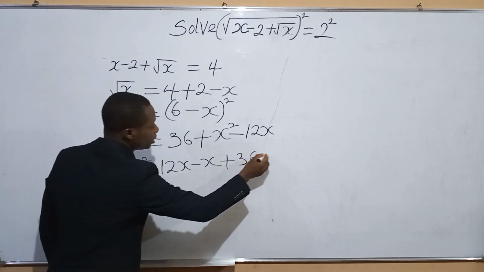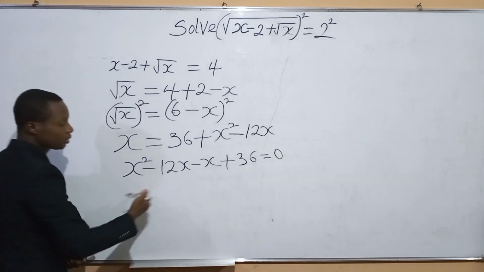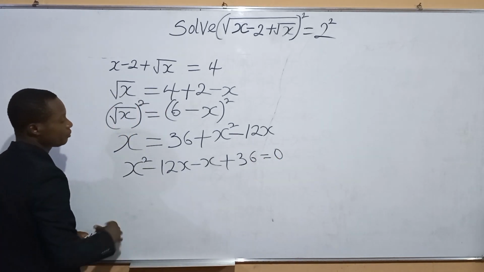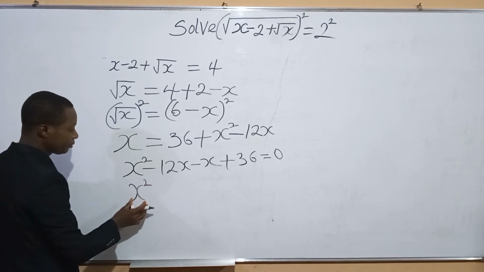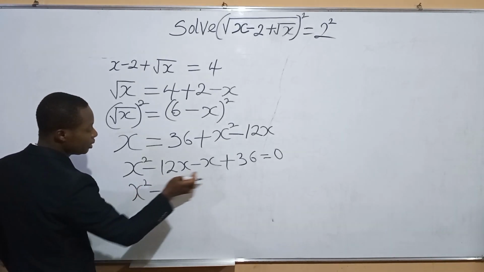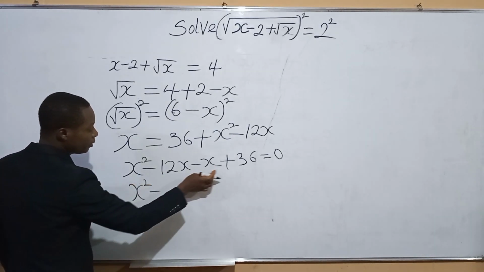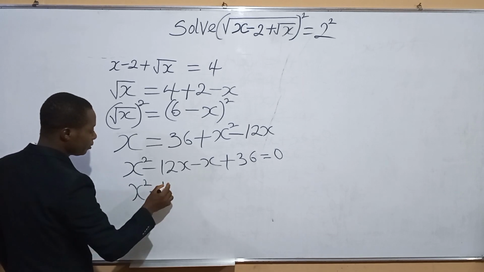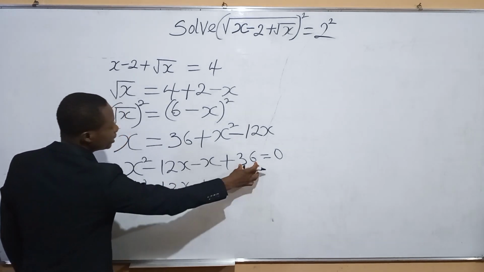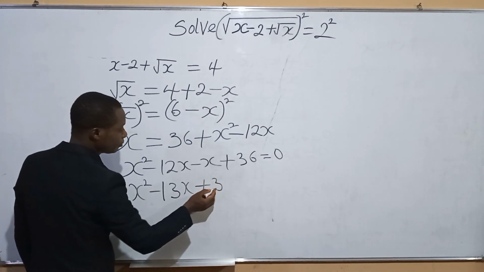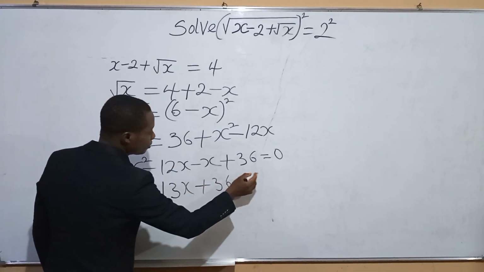We are now going to equate it to 0 because it is a quadratic equation. Then the next stage is x squared minus, if we simplify this one here, we are going to get minus 13x, then plus 36 equals to 0.